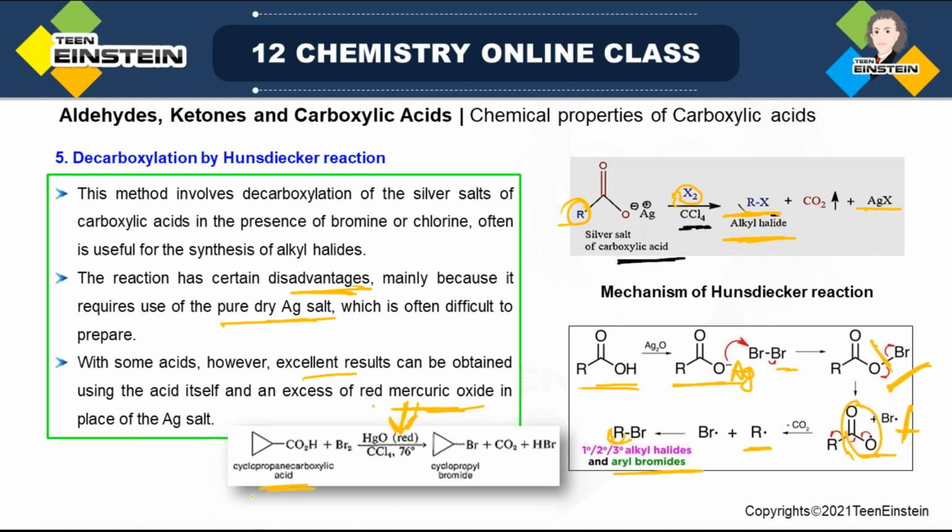Here we have taken cyclopropane carboxylic acid. Rest of the things, there is no such change. Bromine is still there, CCl4 is still there, and you are getting the same type of product. See, alkyl halide. In this particular example, you will call this alkyl halide cyclopropyl bromide. Fine, and these are the byproducts. So if you are not able to maintain this condition, which is pure dry silver salt, you can use this alternative.